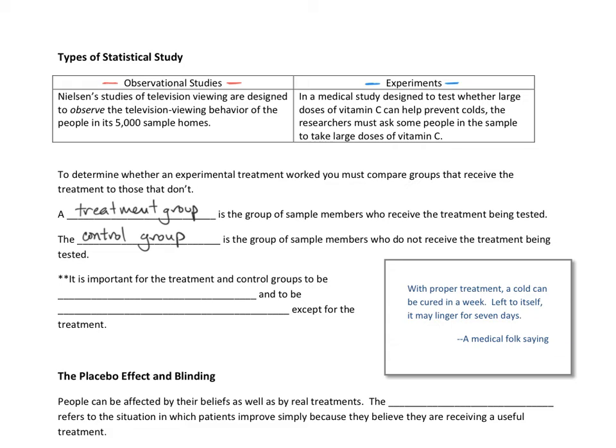It is important for the treatment and control groups to be selected randomly and alike in all respects. So I have these filled in here. Now, is it 100% possible that you get two groups of people, say for a drug trial, and you divide them into two groups so that they match up exactly?